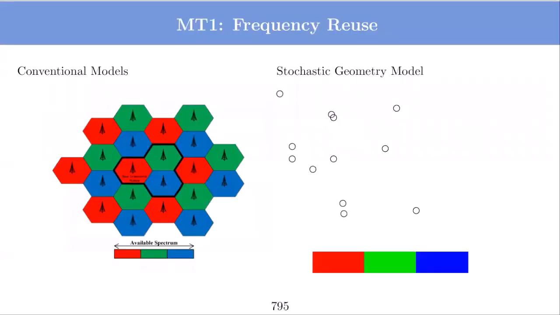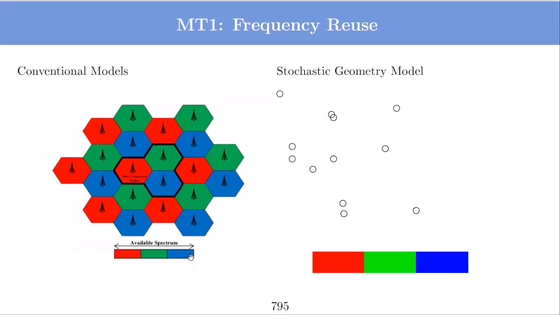First, how do we include frequency reuse? Normally, in a conventional model you have these nice hexagonal cells, and to avoid interference, we sometimes use different frequencies in adjacent bands. So I divide the spectrum into three parts: red, green, and blue.